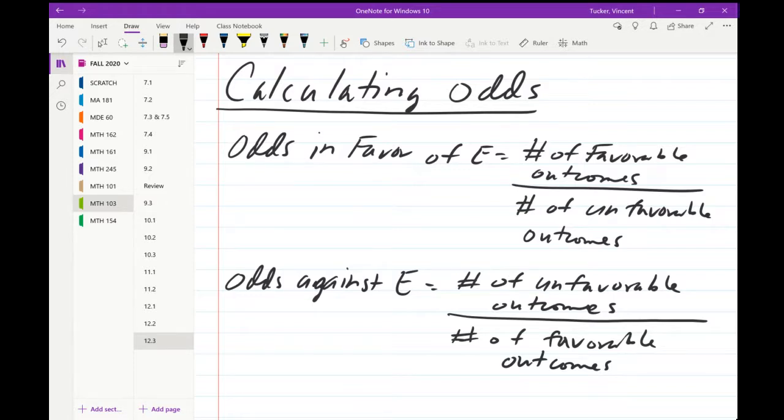If you want to calculate the odds in favor of your event E, that's the number of favorable outcomes over the number of unfavorable outcomes. And the odds against E is the number of unfavorable outcomes over the number of favorable outcomes.